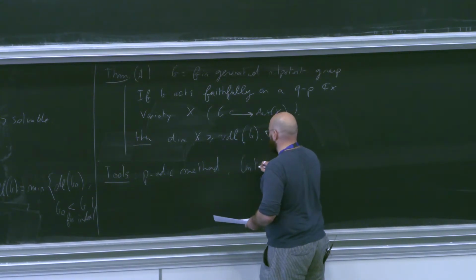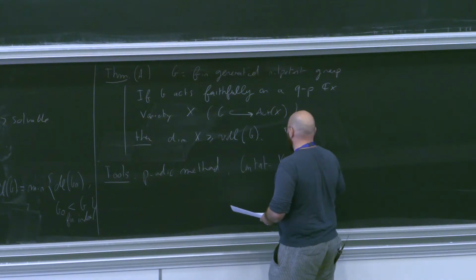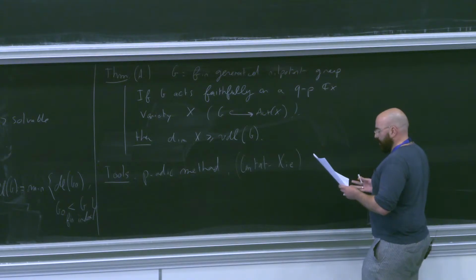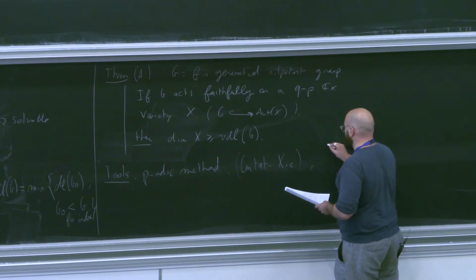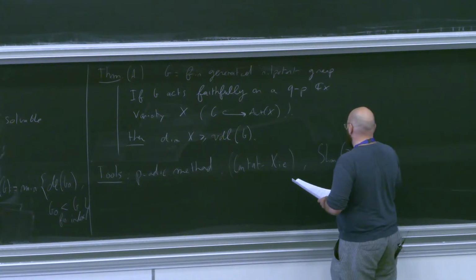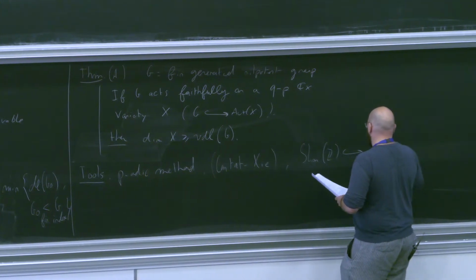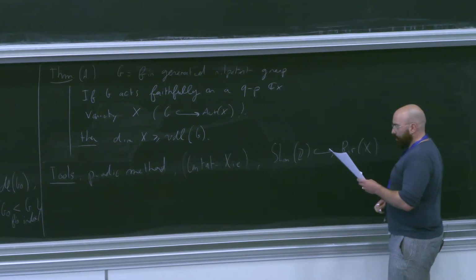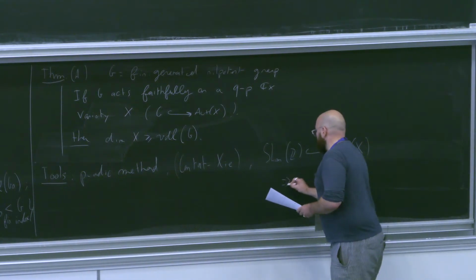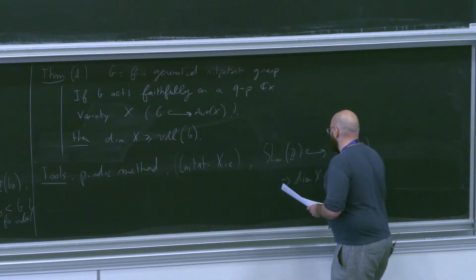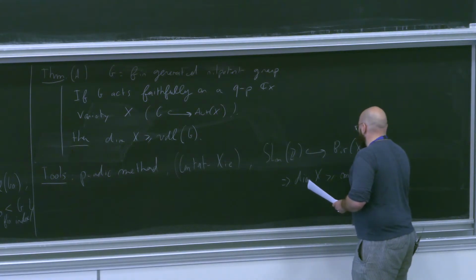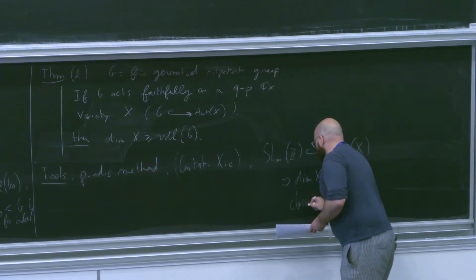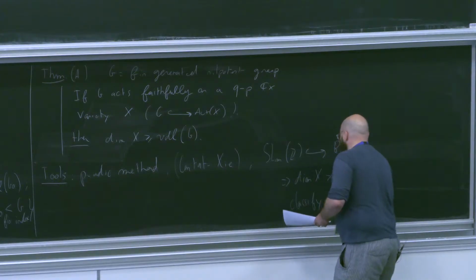And so I want to recall the result of Serge with Junyi Xie, which uses the same kind of techniques. And the result they showed is that if you have an SL_m(Z) that embeds into a group of birational transformations of a quasi-projective variety X, then the dimension of X has to be larger than or equal to m-1, and they even classify the case of equality.